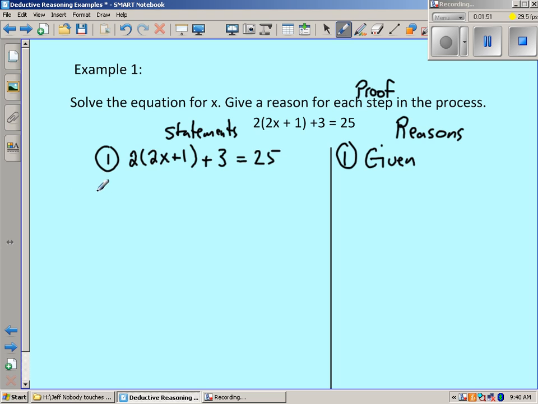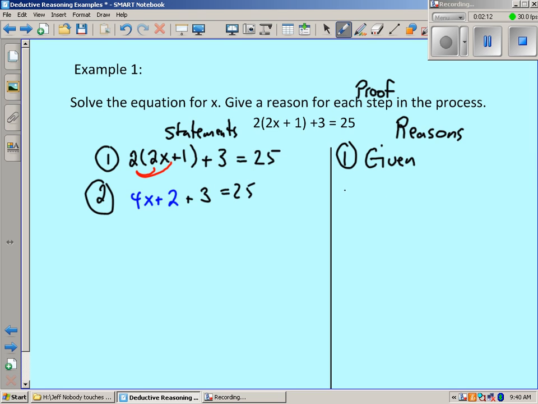Then step 2, I have to do something algebraically to simplify this. My first step is I'm going to distribute the 2 to both numbers inside the parentheses. When I do that, I get 4x plus 2, and then my original problem continued on with plus 3 equals 25.